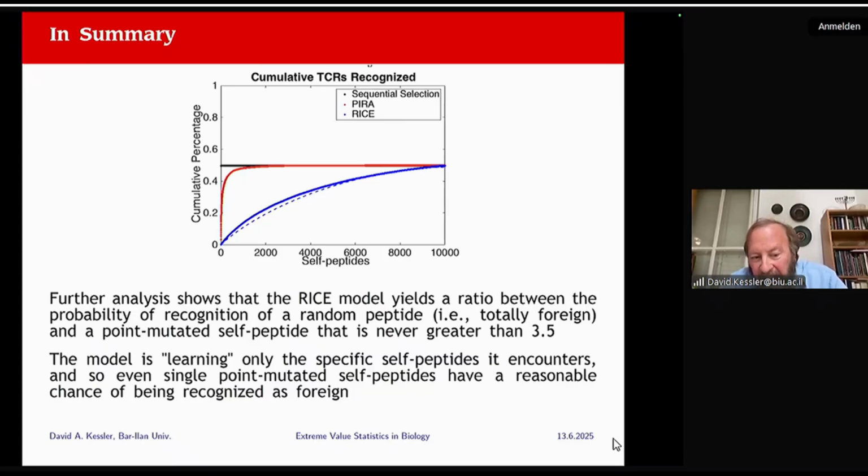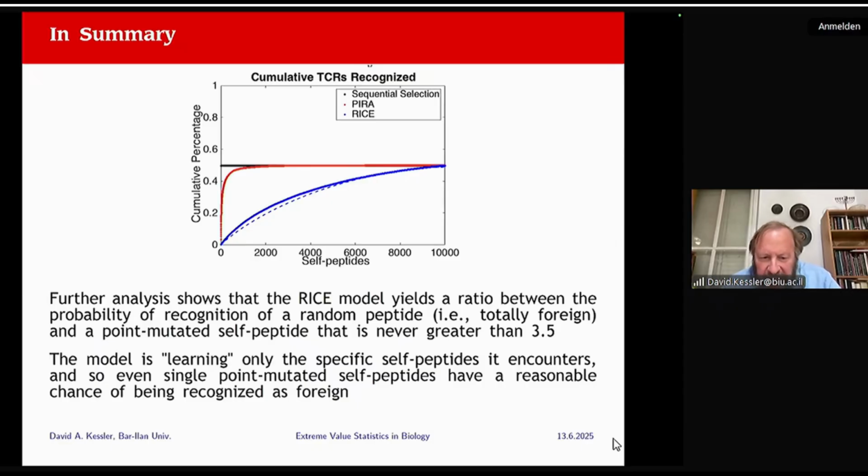self-mutated self-peptide, a point mutated self-peptide. So you've gotten to where the probability of a given TCR recognizing a peptide is 50%. What do you do about a point mutated self-peptide? Is it recognizing it or not?